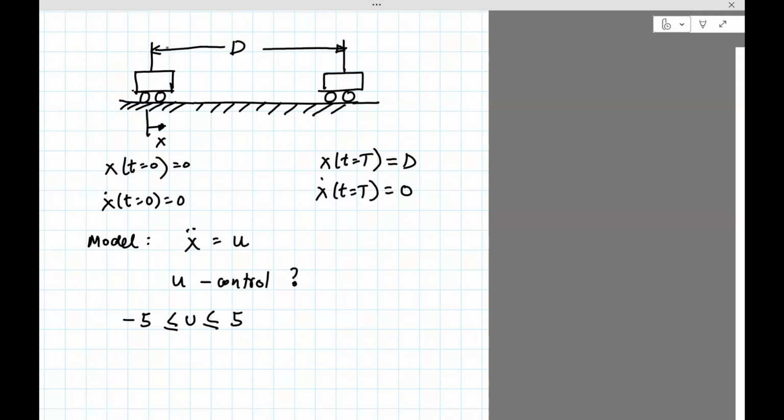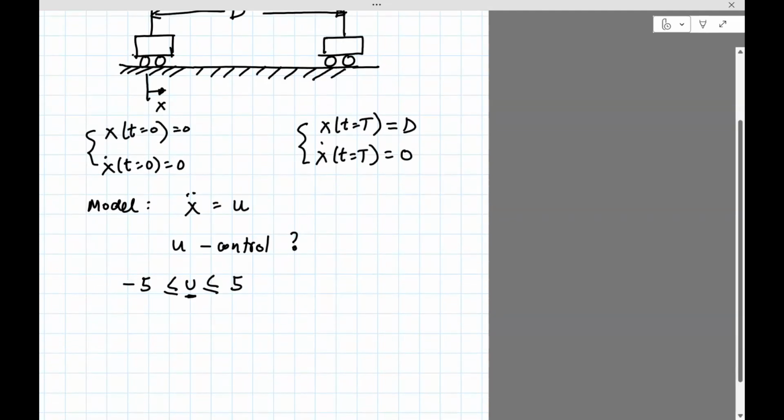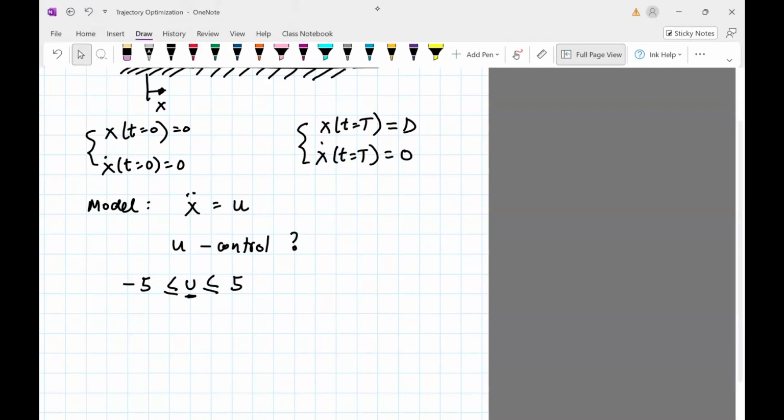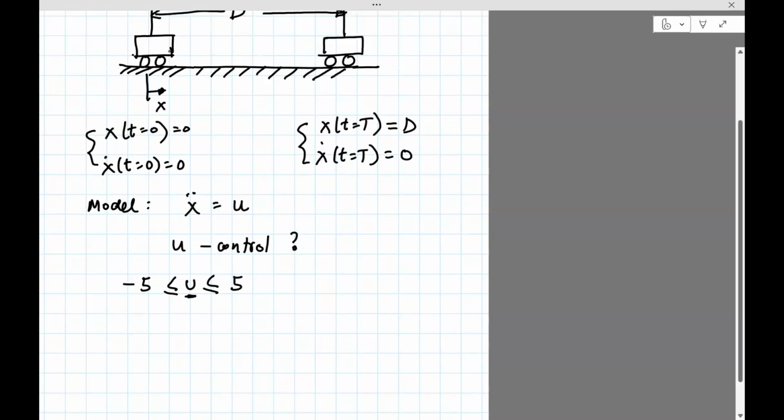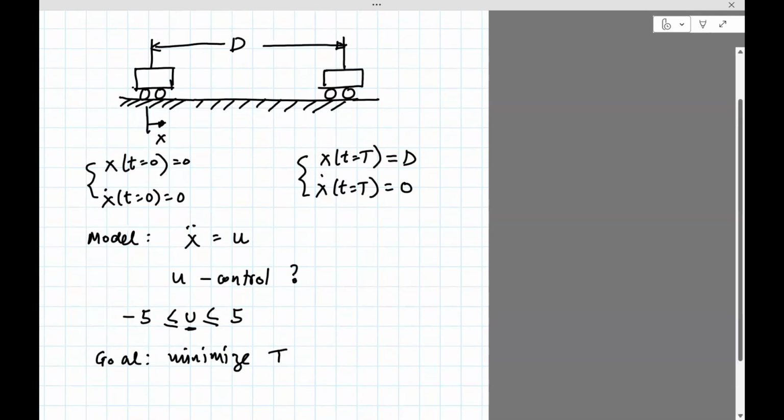That's the control constraint. There are also constraints on the distance moved and the velocity. Now, I should also say the objective. What's the objective? Our goal is to minimize the time. So we want to go as fast as possible from x equals 0 to x equals d.